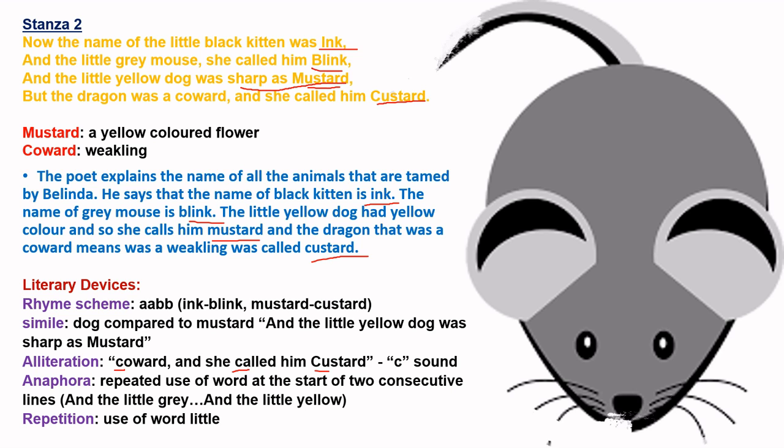Then you have anaphora. Anaphora is the repeated use of a word at the start of two consecutive lines, as we had seen in the first stanza also, where the word "and" was repeated. So here also you see, "and the little grey mouse," and "the little yellow dog." So this is known as anaphora.